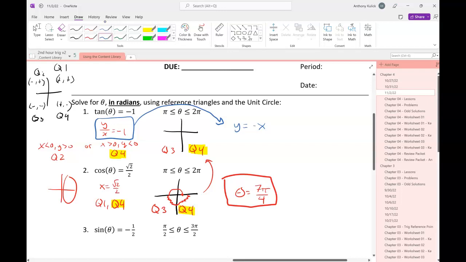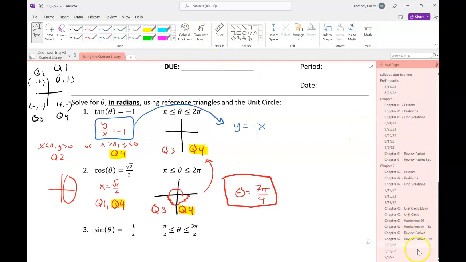Everybody's okay with that? So I'm just going to look for two things in quadrant 4, the x and y coordinates, that are just opposite numbers. One part has to be the same, but the other part has to be the same thing with the opposite sign. So we're just looking for two opposite numbers.